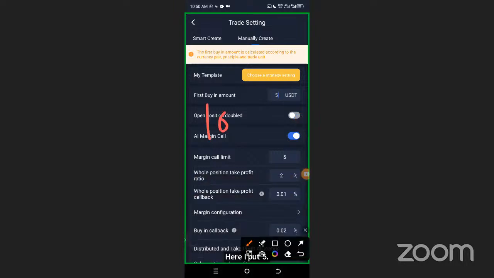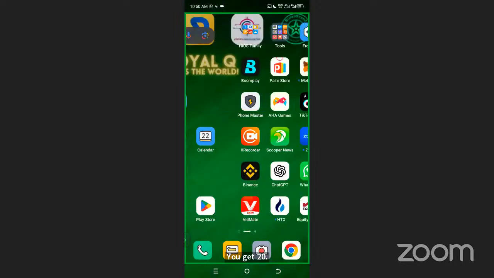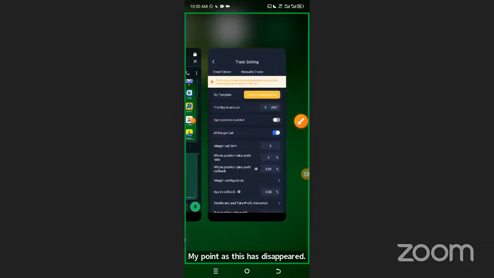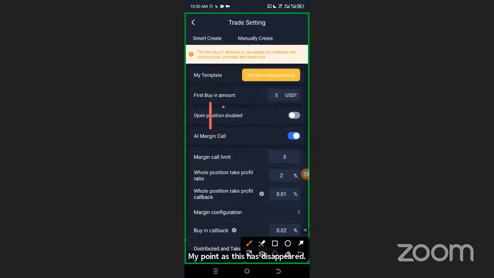Then it is 100 divided by 5. You get 20. Oh, sorry, my pointer has disappeared. These days it keeps on disturbing me. It is 100 divided by 5 and you get 20.